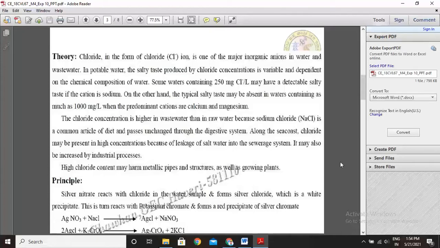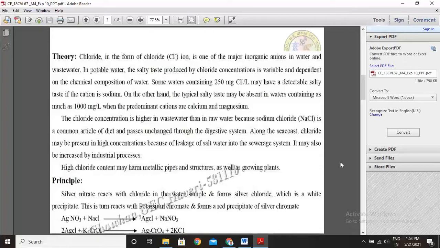It may also be increased by industrial processes. See, this is the most important sentence: high chloride content may harm metallic pipes and structures as well as growing plants. So you should remember this; this is the basic knowledge about chlorides.